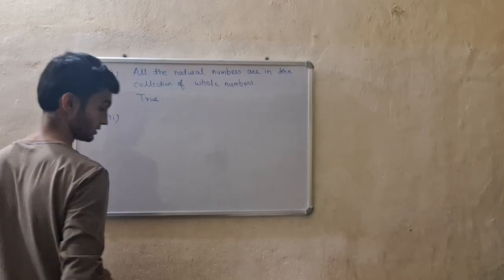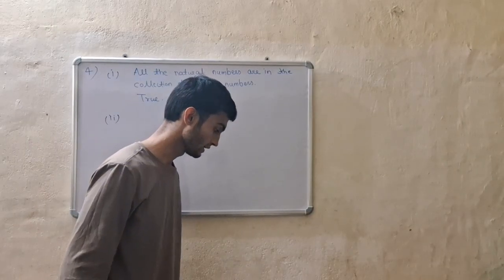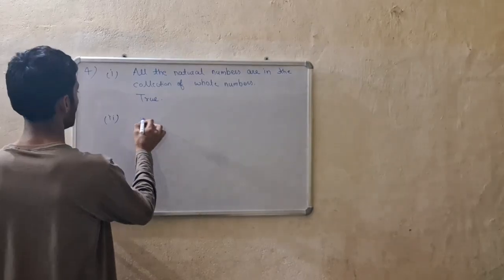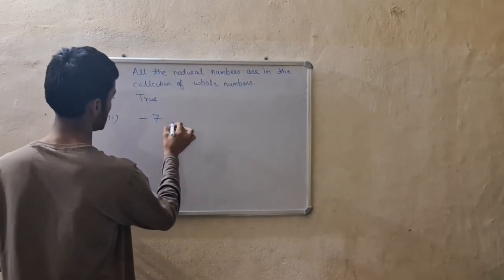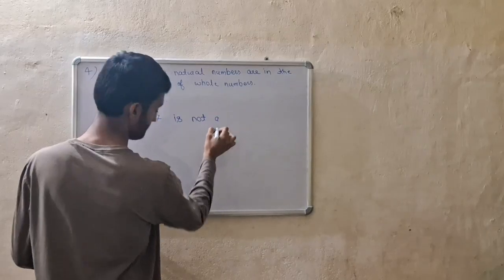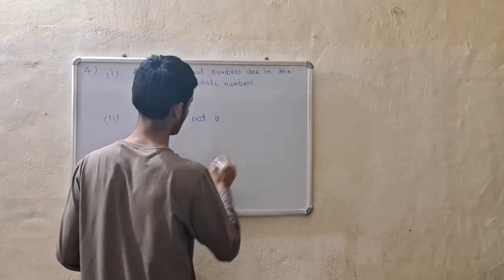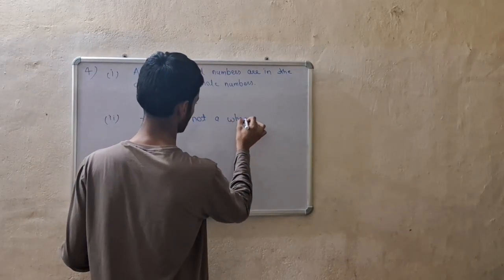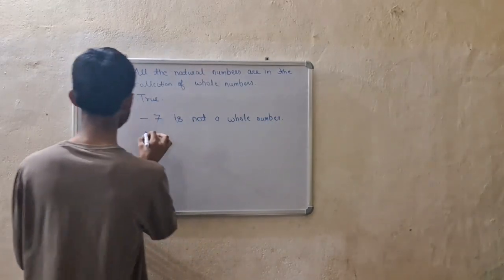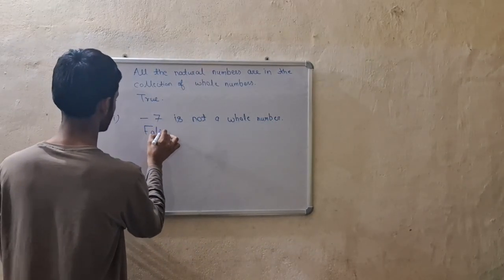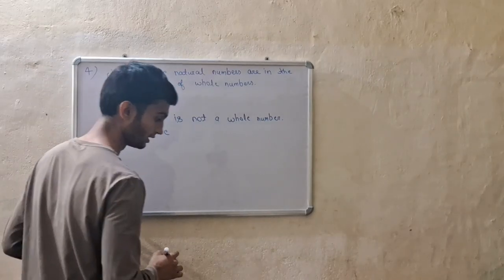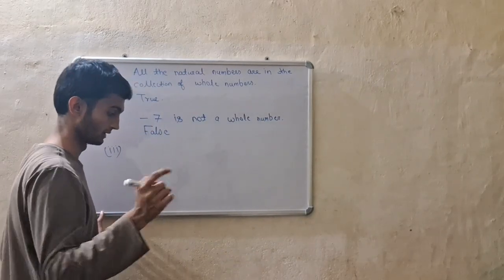The second part says every integer is a whole number. That is false. Every integer is a whole number? No. -7 is not a whole number. So this statement is false. And the third one says every rational number is a whole number. That is also false.